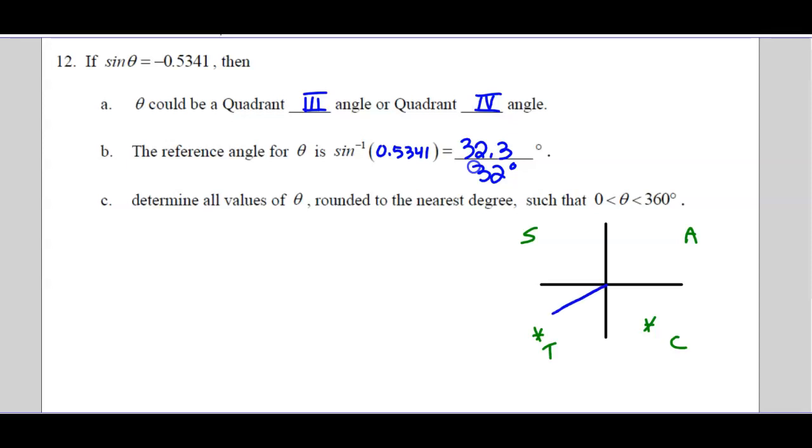So that would be in this quadrant and this quadrant. So your reference angle is 32 in each of these. That means your actual angle to here is 180 plus 32. And then from here to here is 360 minus 32.